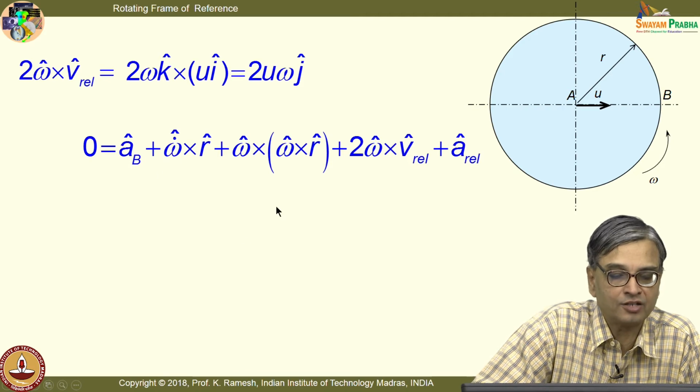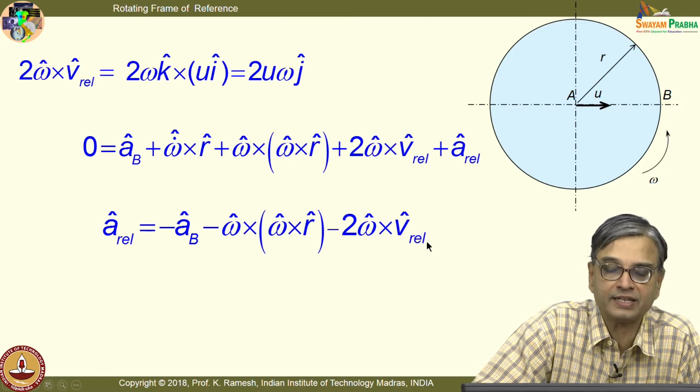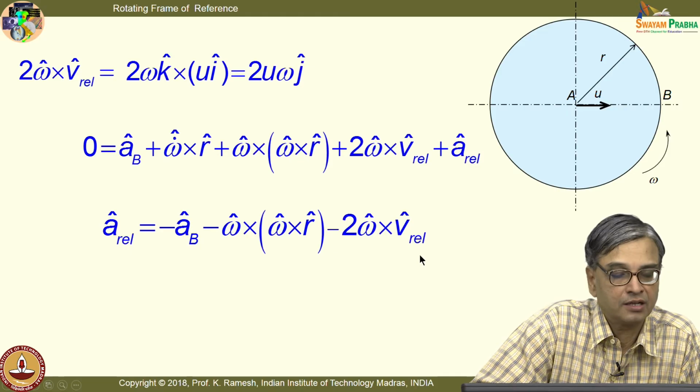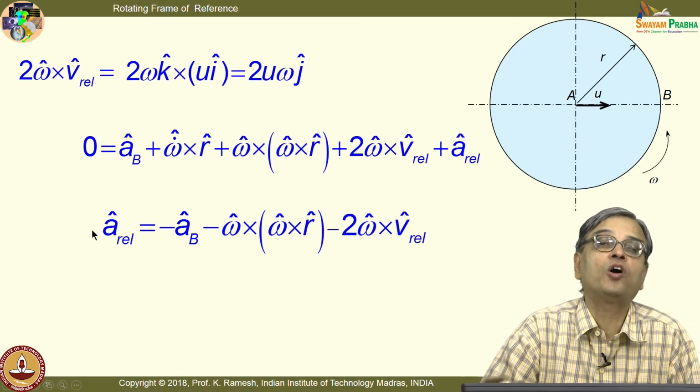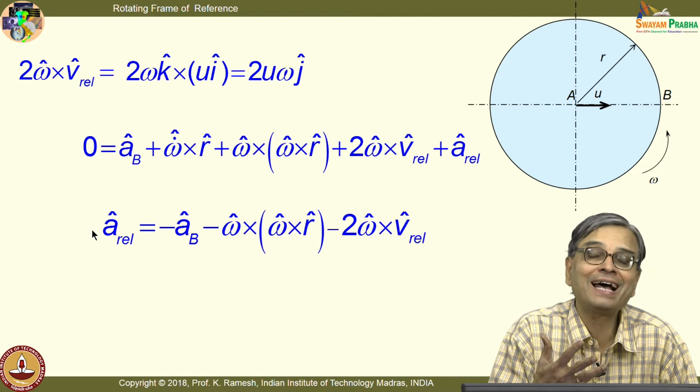You can see again the 0 quantities are not fully removed. So, I essentially have A rel as minus A b minus omega cross r minus 2 omega cross V rel. So, this is the quantity that an observer sitting on a rotating platform would observe as acceleration.